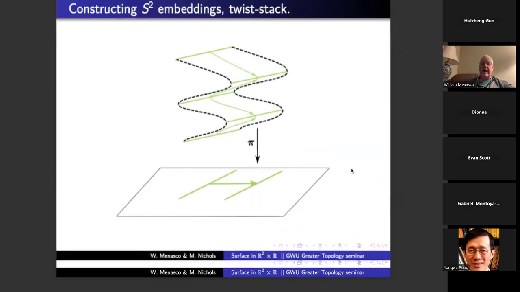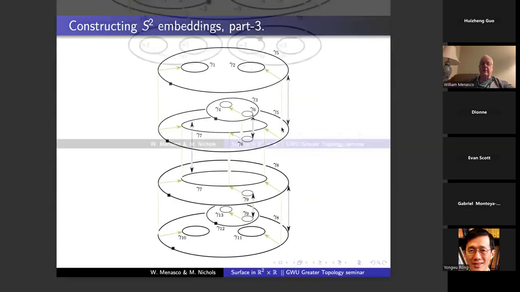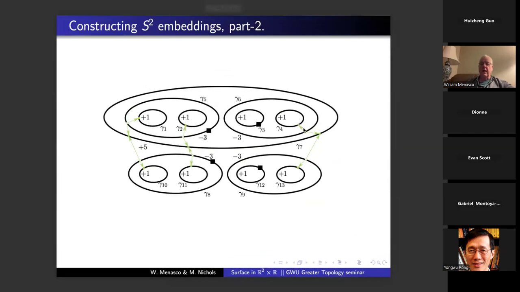And at that point, the only thing to do is at the very end, so you'll see that these arrows go from a +1 to a +1. And when you do that one twist there, this +1 curve becomes a -1. And that means it bounds a disk. And then you cap it off.